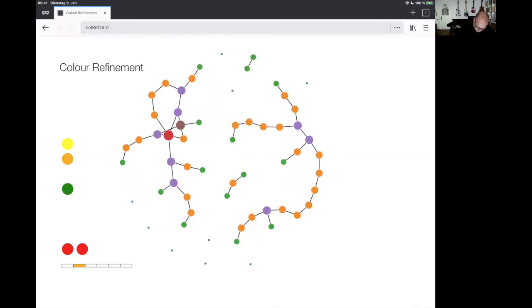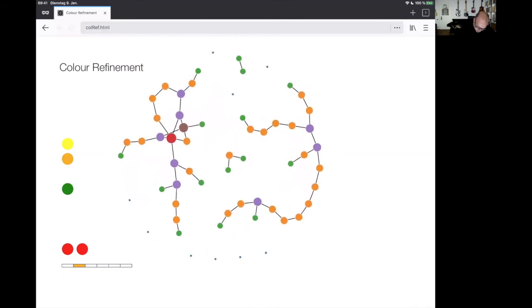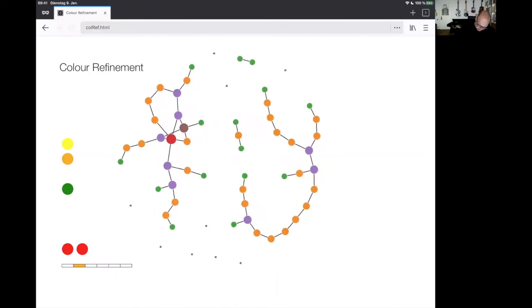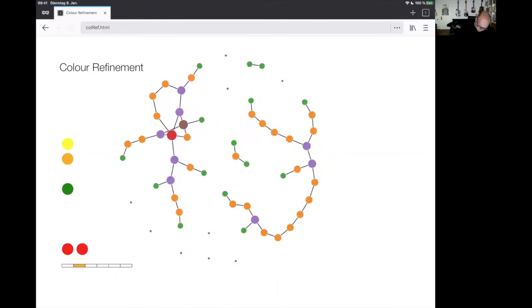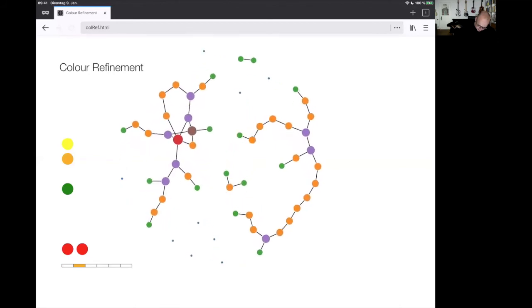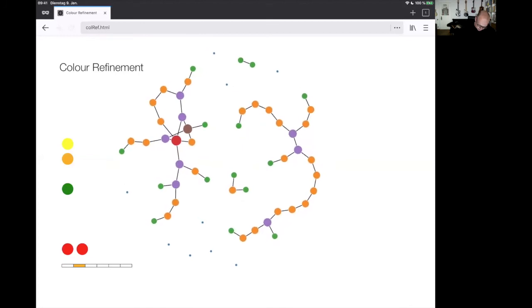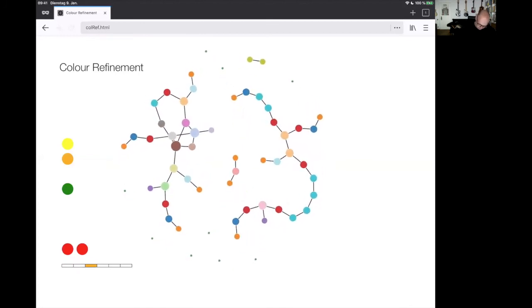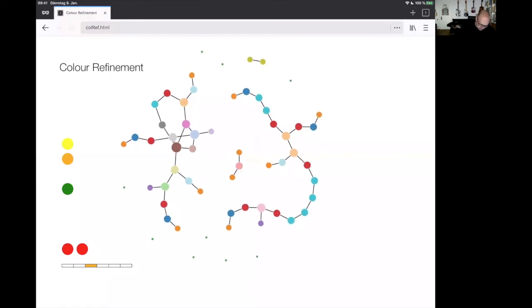The 2 neighbors is orange, the other 3 neighbors is now purple. Now let's look at this one and its neighbor. Both purple, but this one here has a green neighbor, this one doesn't. So they should get different colors in the next step. And they do, okay? These 2 shades of green.